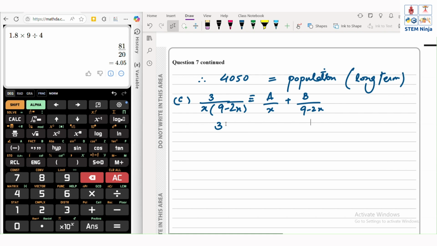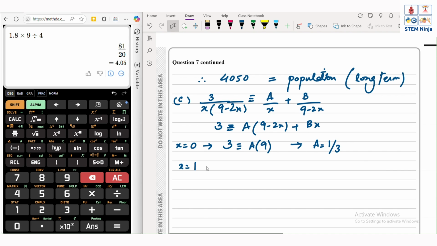So this means that 3 will be identical to A times (9 minus 2x) plus Bx. So one choice of x is 0. So you will get 3 equals A times 9. So A would be 1/3.